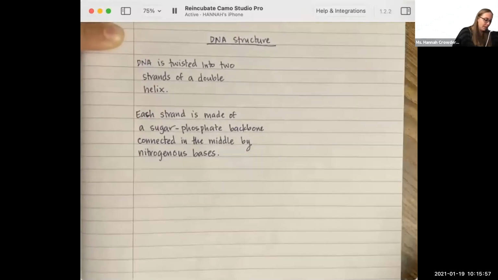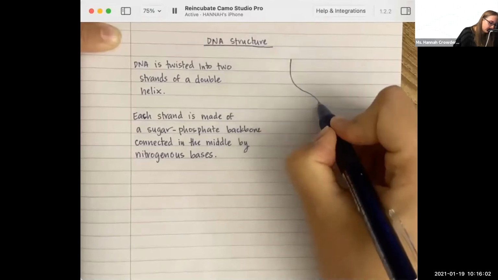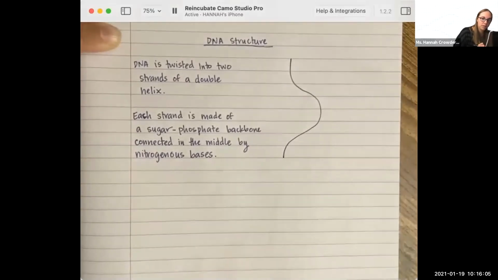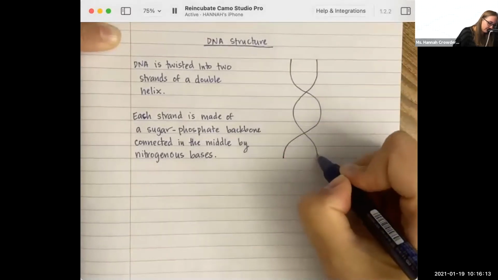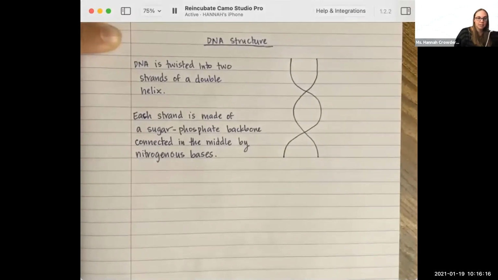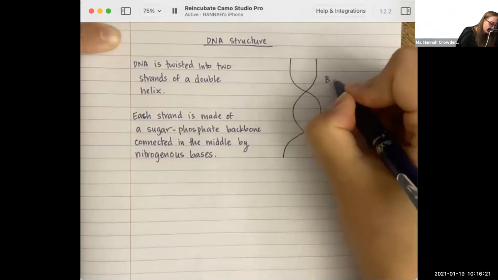So what I'm going to do is I'm going to draw my double helix here. So start with one strand like that. Go ahead and draw another strand like that. What I have currently drawn is the backbone.